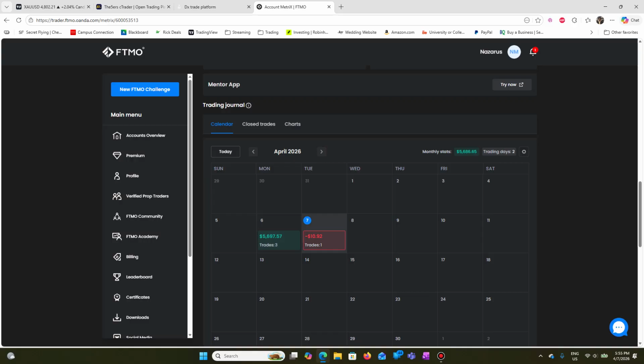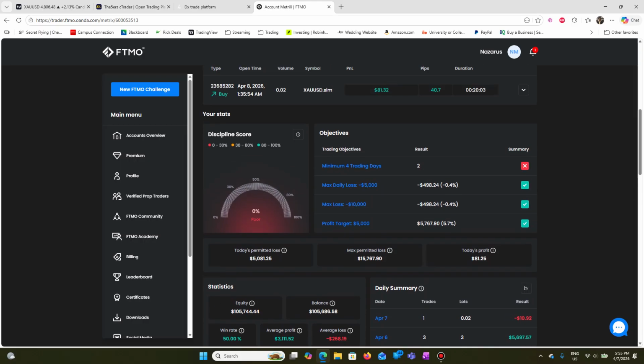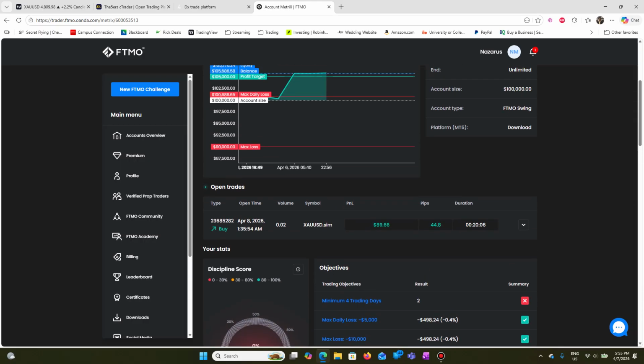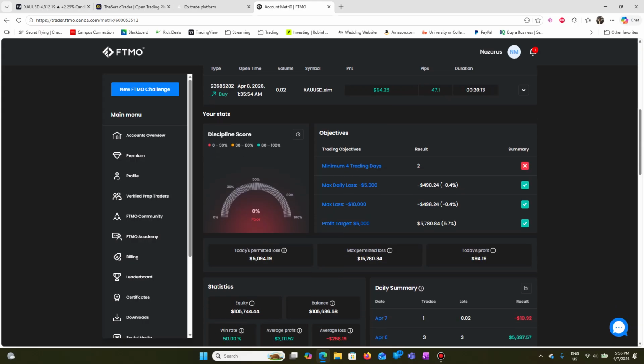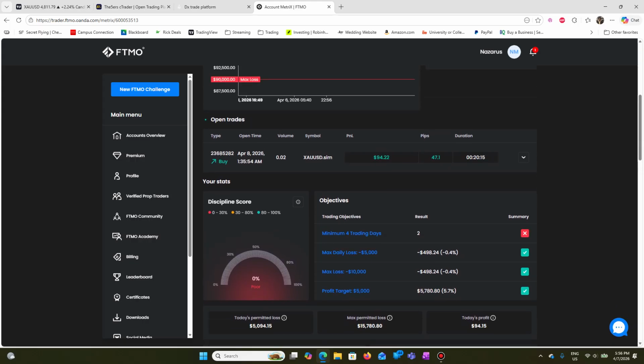This was yesterday when we took the $10 loss. We're just doing the days counting now, and we've opened for Wednesday, and we've taken the trade for Wednesday, which is currently running, and we're in profits of $89, almost $100. So that's good. When we close this trade, it's going to be 3 days now, and we would need to take one more trade tomorrow to make it 4 days.